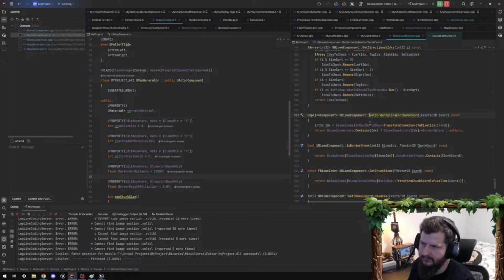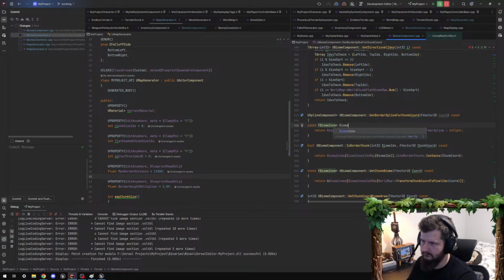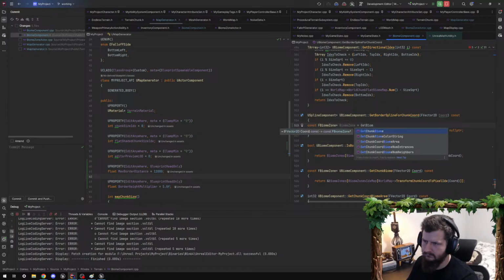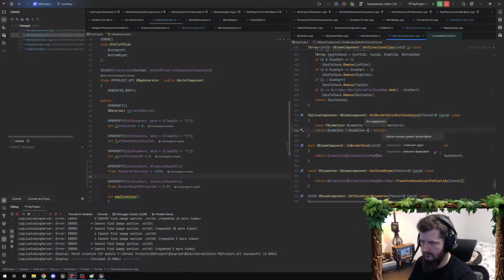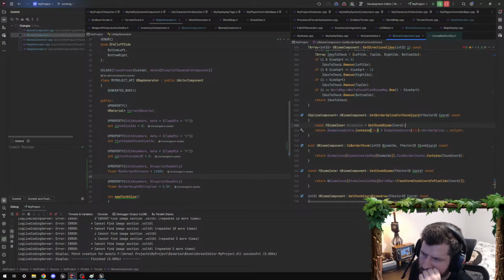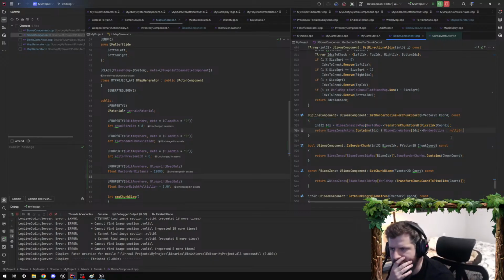Get border spline for chunk coord. Okay, yeah, maybe we do have to do that.